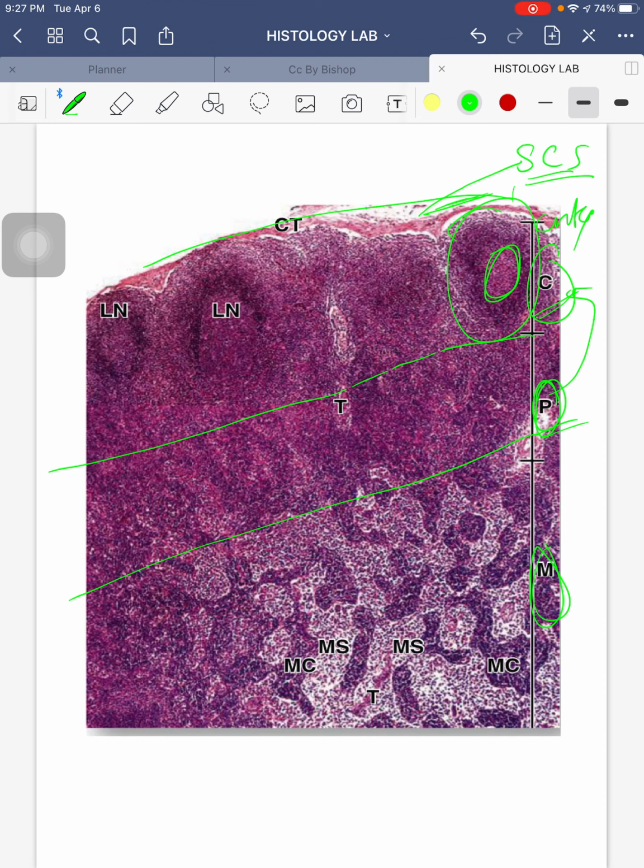Okay, you can also still see trabeculae in your lymph node. So what is trabeculae again? These are bands or columns of connective tissue. Later on, if you go to the medulla, you will see cords. The cords are these dense cord-like basophilic structures, and these are masses of lymphoid tissue.